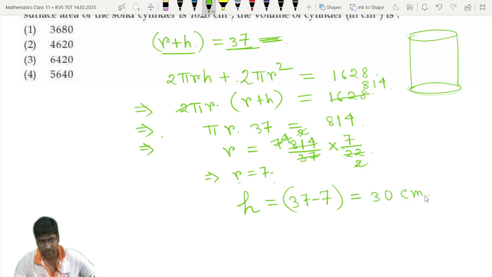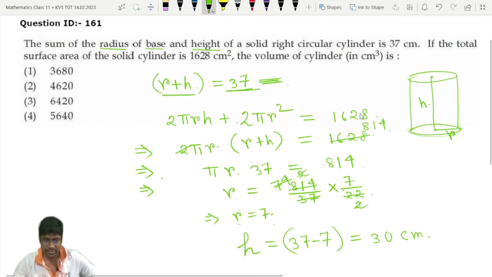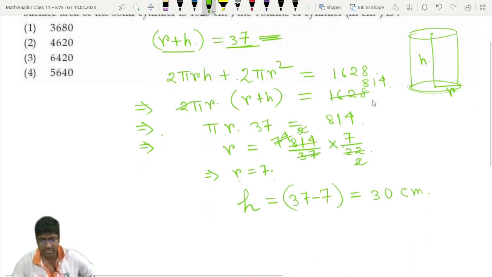So this is our r, and this is h, the height. So r and h both we have got. So what about the volume? Then we have to find the volume of the cylinder. See the question, we have to find the volume of the cylinder.